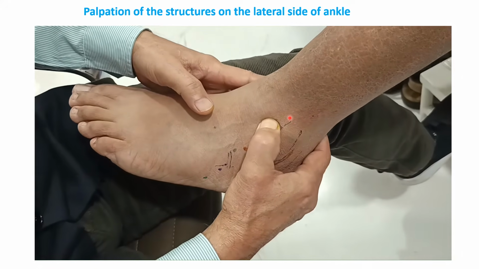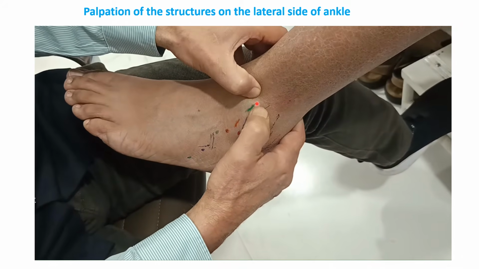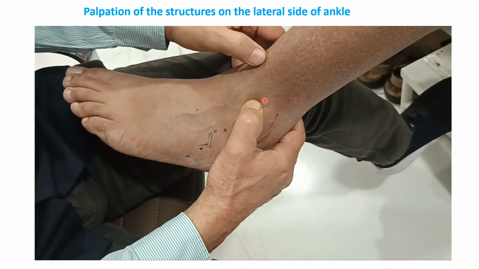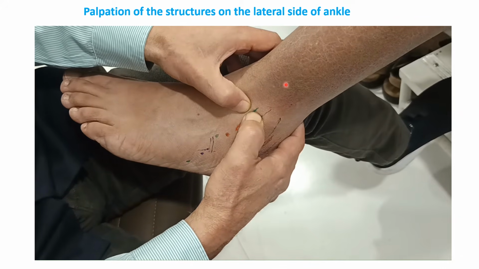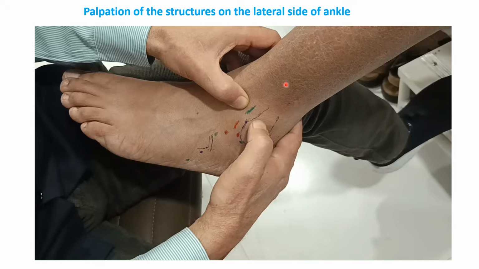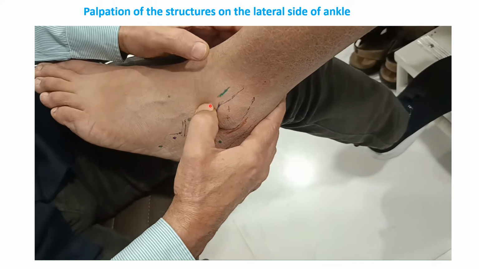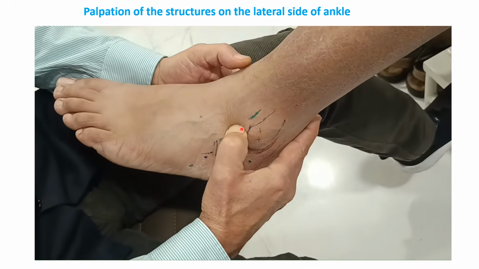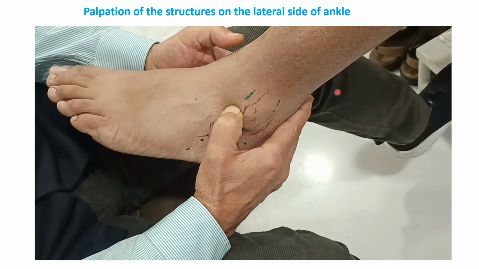If the patient is having tenderness in this region, that is between the tibia and the fibula, it is indicative of a syndesmotic lesion or a high ankle sprain. As we move down, now this is the space where I'm entering between the tibia and the fibula, which means that it is the lateral gutter.